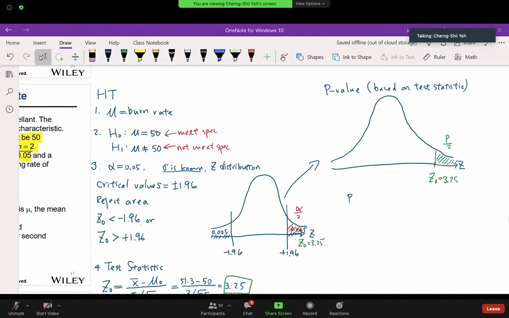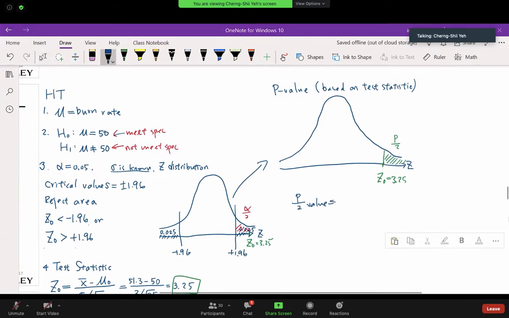So my p over 2 value is, how do we derive that value? Now we're back to chapter 4, the basic calculation of a normal distribution. It is the probability of my z statistic greater than 3.25.